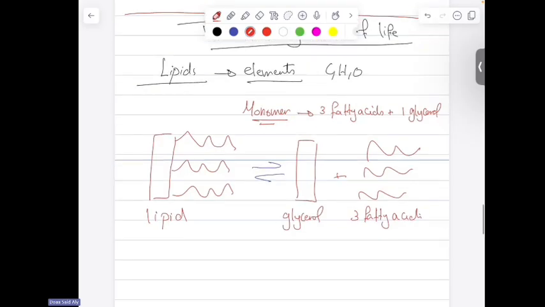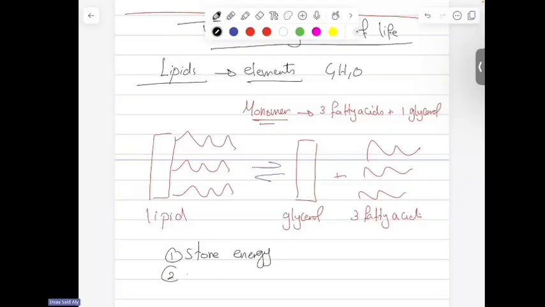What about the importance of the lipids? Number 1, lipids store energy. Number 2, lipids such as phospholipids, we took the phospholipids, make up the cell membrane.